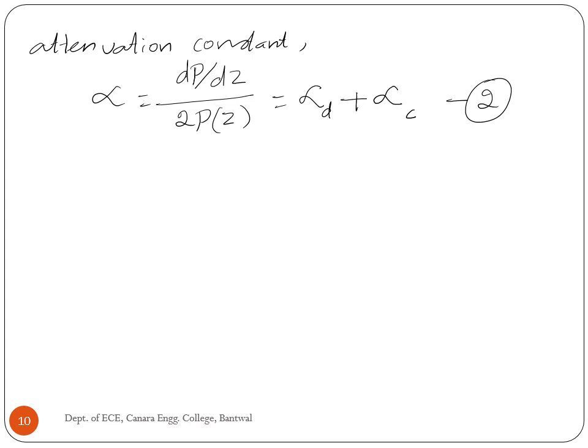The gradient of power in the z direction can be further expressed in terms of the power loss per unit length dissipated by the resistance and the power loss per unit length in the dielectric.